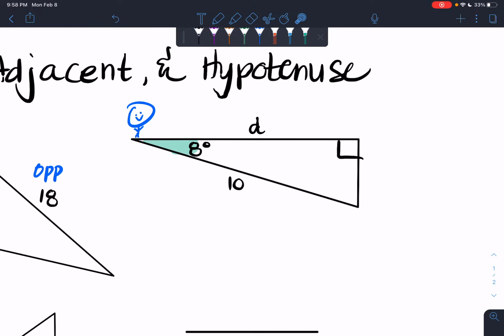We just have to figure out which is which. Now, comparing 10 to D, I know 10 is across from my right angle. So that tells me 10 will be our hypotenuse. And that makes D right next to us, meaning it's adjacent to where we're standing.